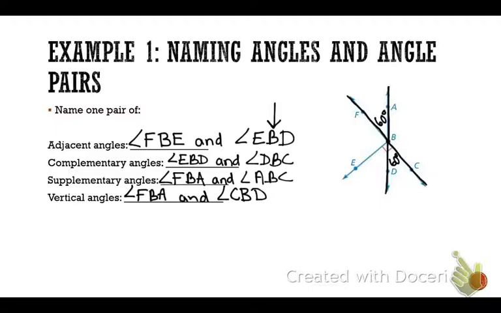All right? So now let me ask you this. If these were the angle measurements, remember what we said about EBD and DBC. What would the measure of EBD have to be? We said that they were complementary. If one of them is 60, the other one would have to be 30 because they have to add to 90.